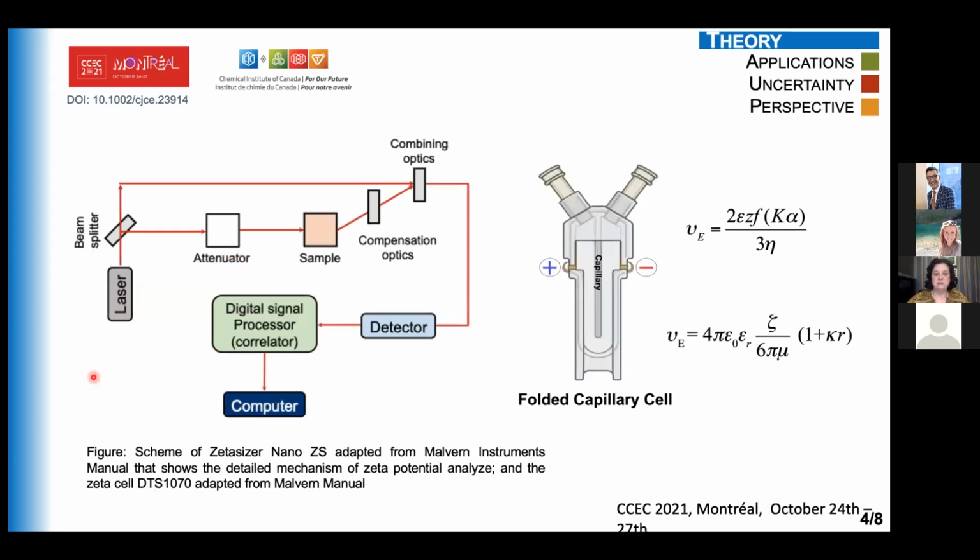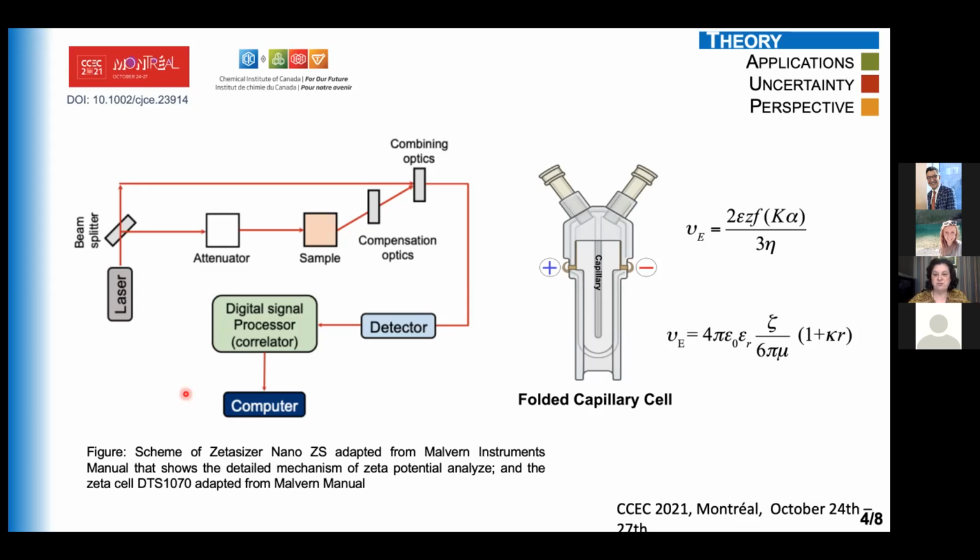So for the setup of the zeta potential experiment, you have an equipment with a laser source, the beam goes to the sample, and after some optical compensation and the detector, you get your signal, and then you have the zeta potential data.